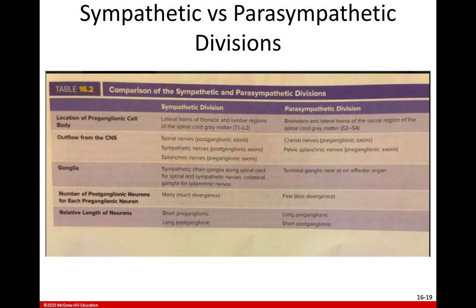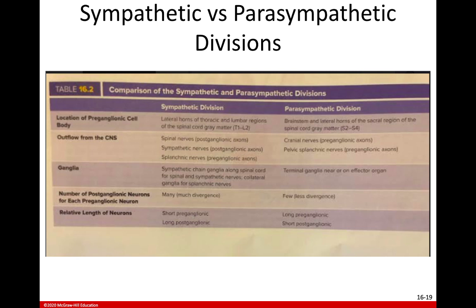Also remember there are two different types of ganglia where the preganglionic and postganglionic neurons will synapse with the sympathetic division, and that's going to be the chain ganglia, which are paravertebral or beside the vertebral column, and then the collateral ganglia, which are prevertebral, which means they are kind of anterior to the spinal cord.